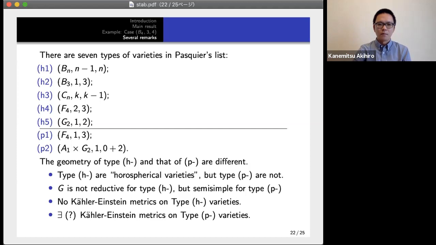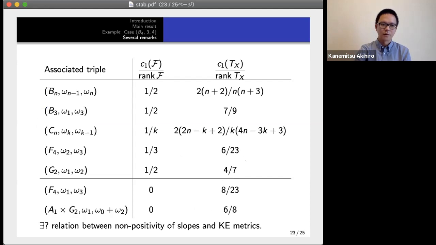Okay, now let me present the slopes of foliations, which is induced from the projection from the closed orbit. Then the slopes are as in this list. Okay, now I'd like to draw your attention to the sign of the slopes. In the first 5 cases, so for type H varieties, the slopes are positive.